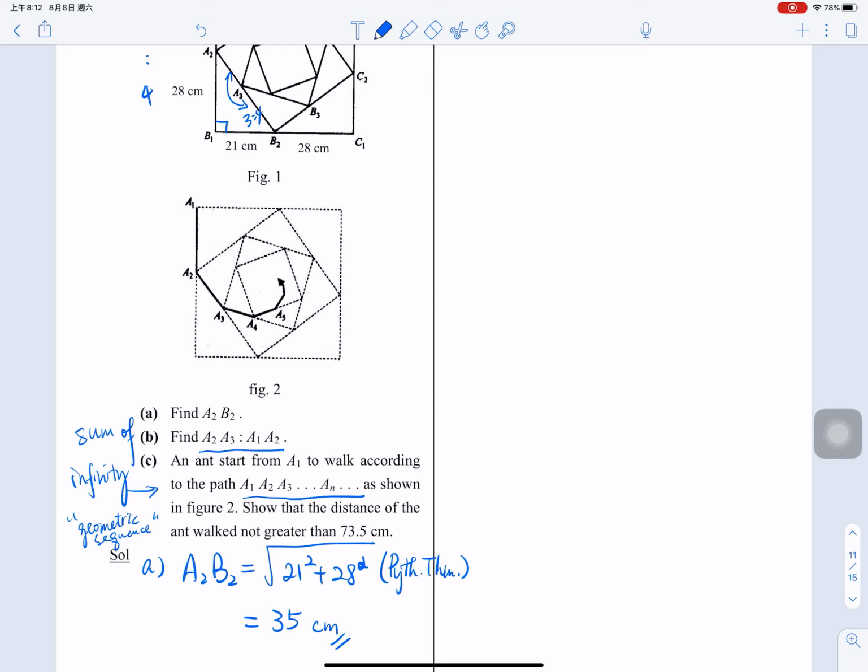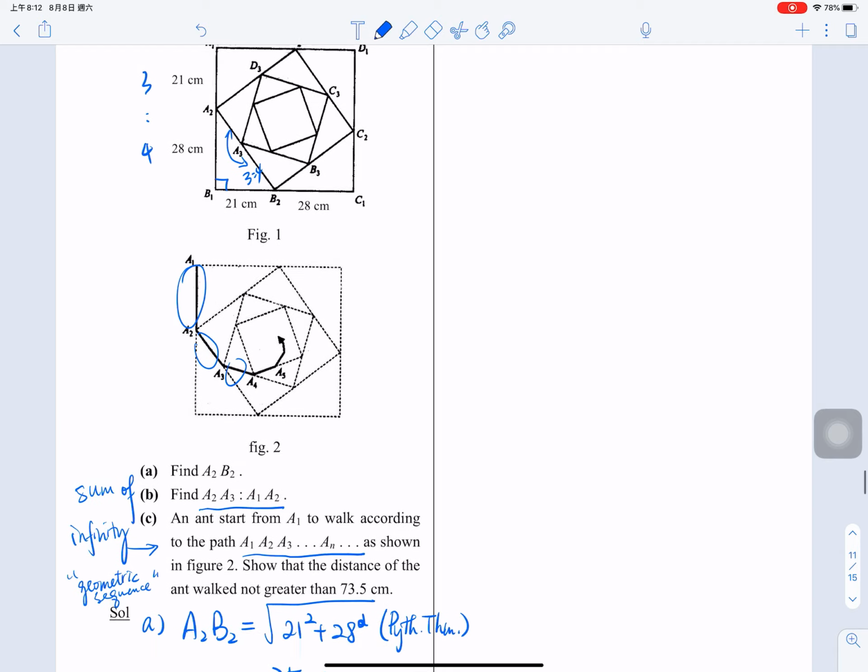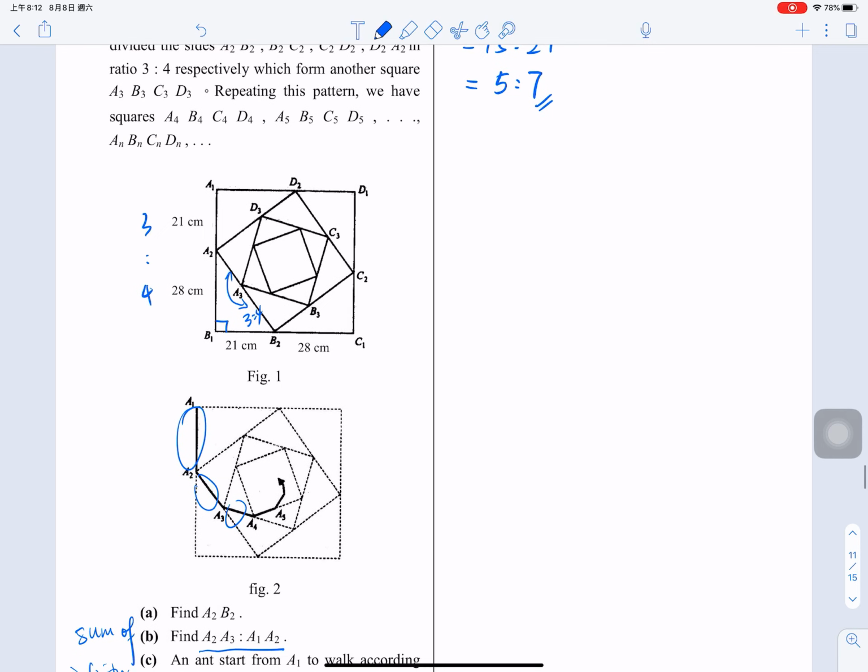So in this question, it didn't tell you whether the sequence is geometric or not. So you need to try to find, okay, A1, A2 you know, A2, A3 you know. How about A3, A4? You need to check whether it's a geometric sequence or not. Suppose it is, okay, but you need to check also.